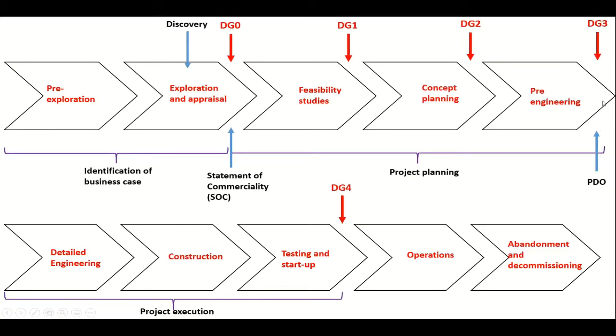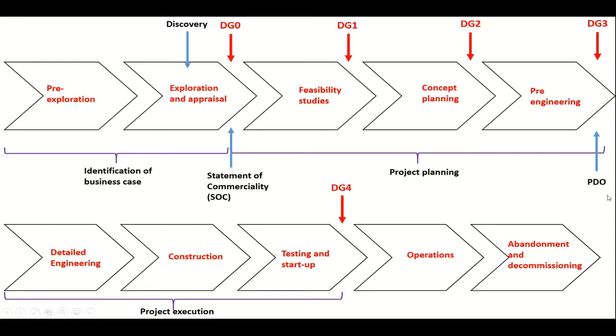Then we have something very important, which is after the pre-engineering, we have decision gate 3, in which the plan for development and operations is sent to the authorities for their approval.